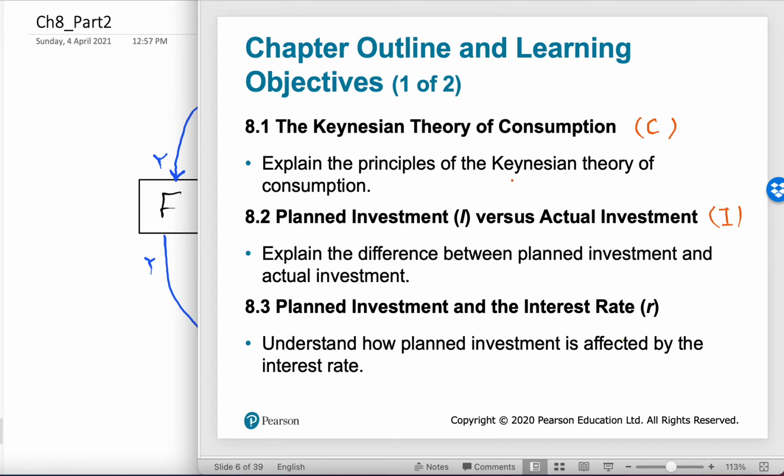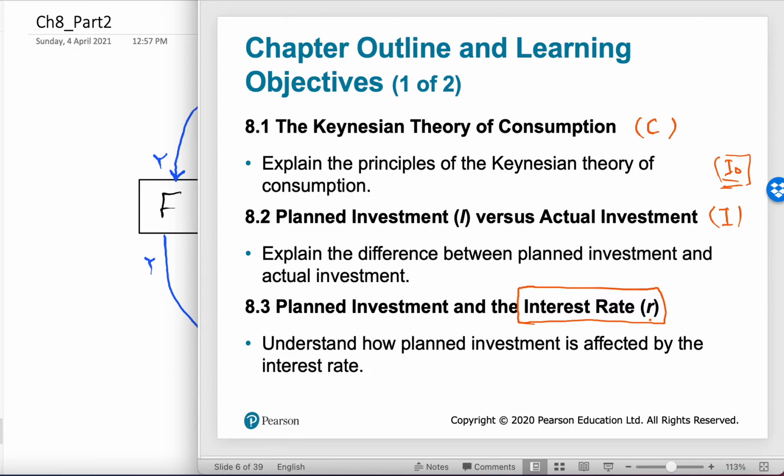Here we are bringing in the interest rate. Actually, in former editions of the textbook, this was not given. We were starting from a fixed, given amount of I. But there's no harm in asking what the relationship would be between investment and consumption with the interest rate, which is determined in the money market.